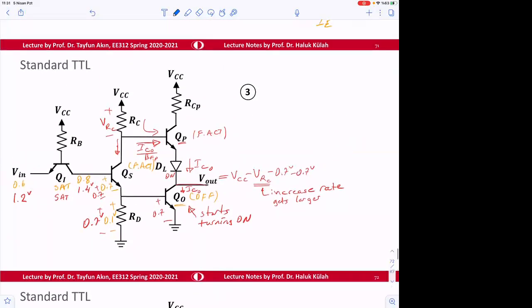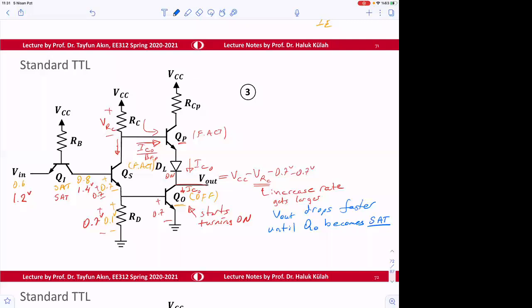So this gets larger, and Vout drops faster until QO becomes SAT.